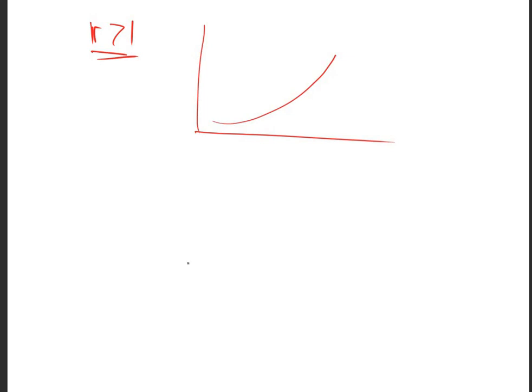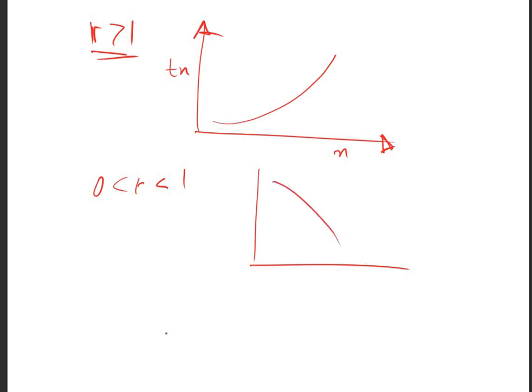It is not a linear graph. So that's the basic difference between geometric sequence and arithmetic sequence. Here you will plot the n and here you will plot Tn. And if your r is between 0 and 1, you get a graph like this, a curve coming down with a negative slope.